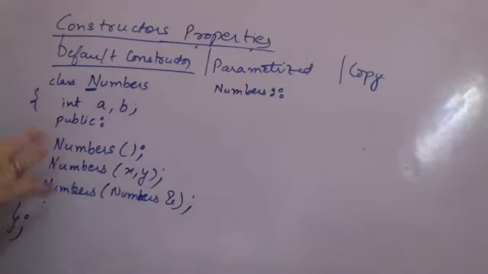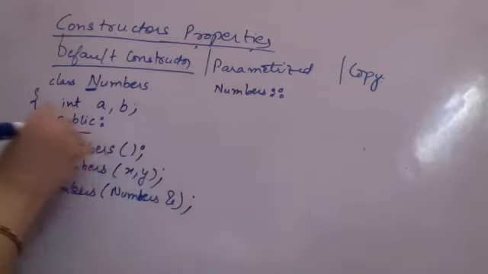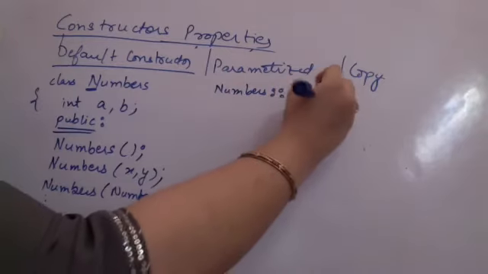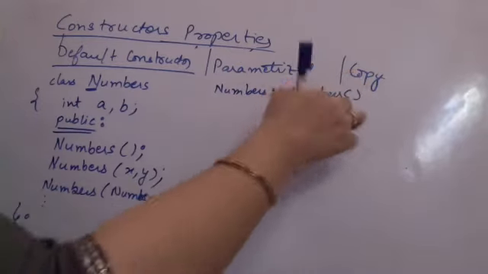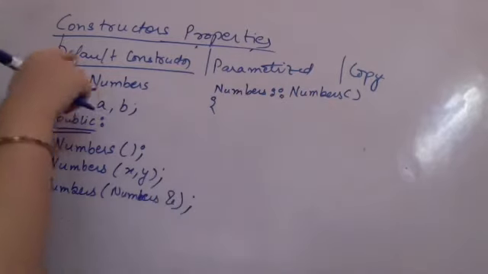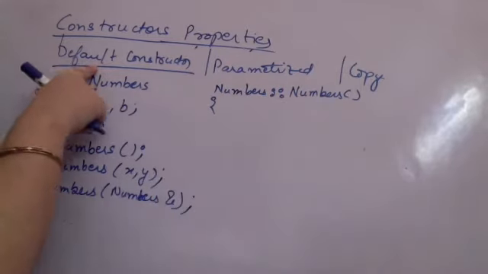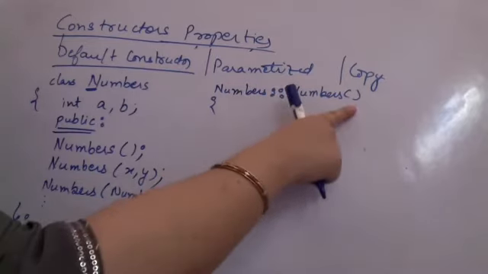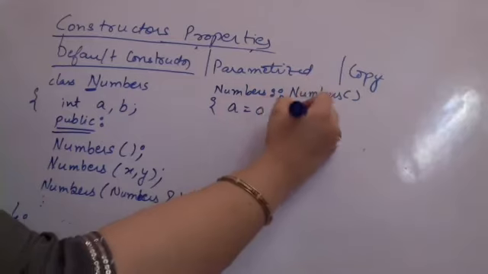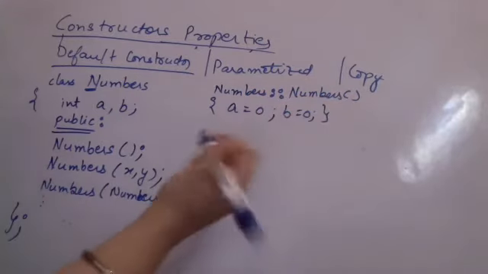Constructors can be defined within the class or outside the class, but they have to be declared in the public part only. So I'm having Numbers, again Numbers, and there are no parameters. When a constructor has no parameters, it is called a default constructor. A constructor without any parameters is a default constructor. So I'm saying A is equal to 0, B is equal to 0. I'm initializing them to be 0, suppose.